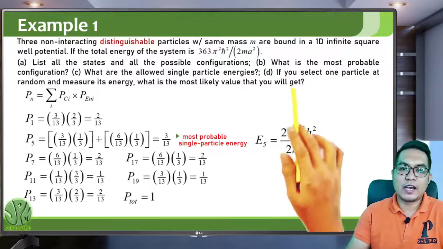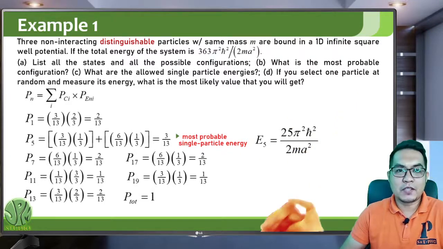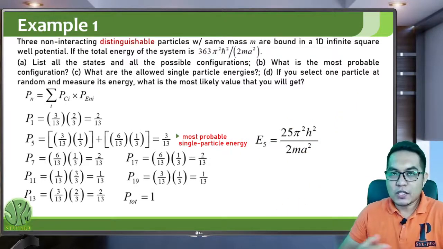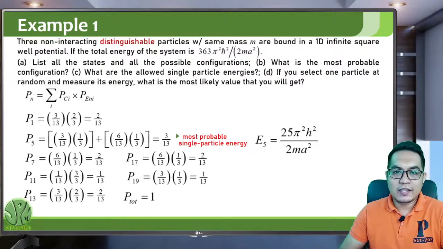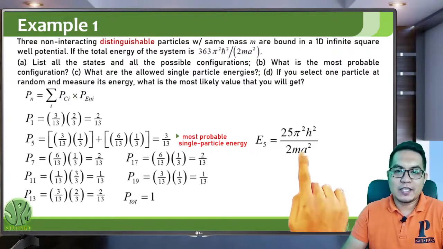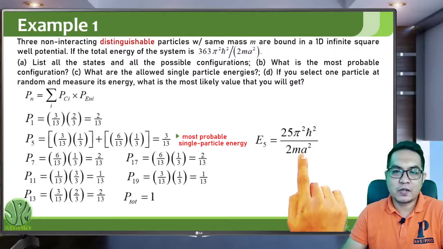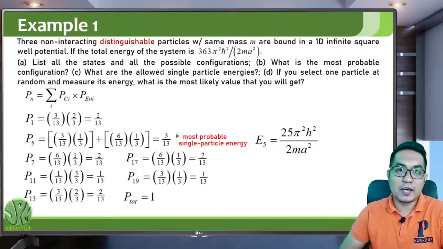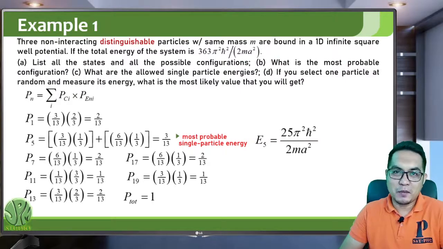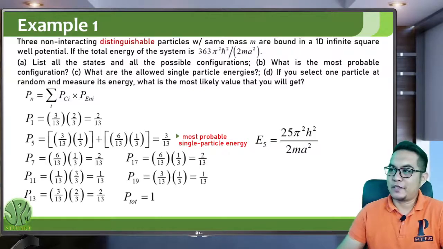If you select one particle at random and measure its energy, the most likely value that you will get is 25 pi squared h bar squared over 2 m a squared. Of course, the probability of that is only 3 out of 13, but that is already the highest probability among the allowed single particle energies. Okay.